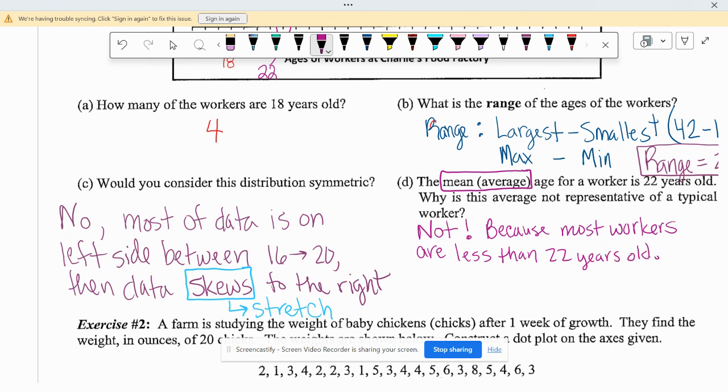There are actually only 7 employees that are 22 years old or above. Most of the workers are less than 22.